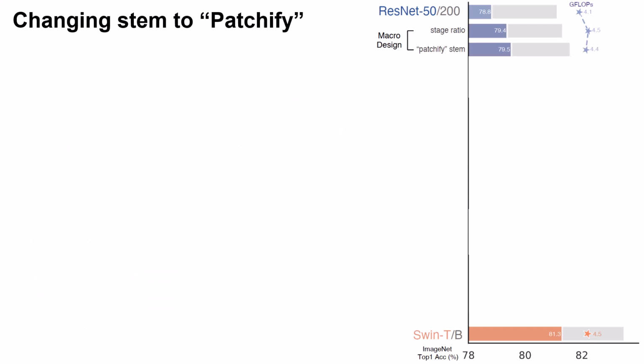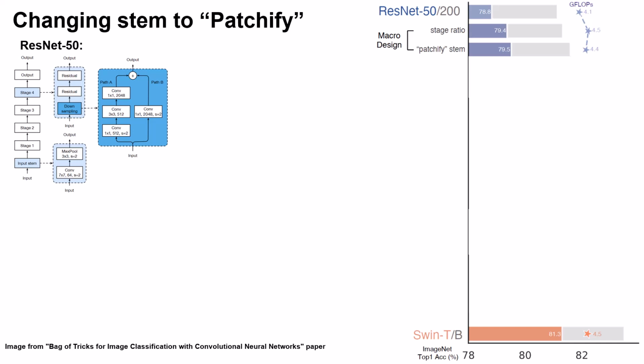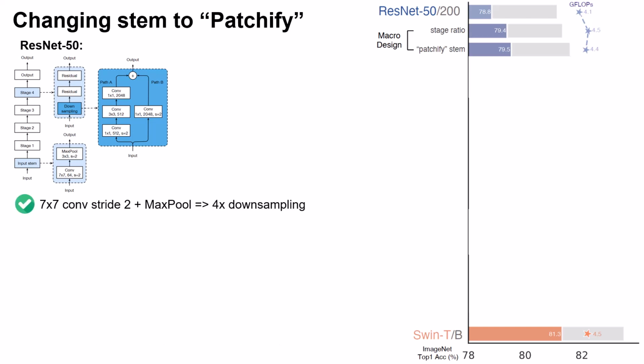The other modification is changing the stem to Patchify. If you look at the ResNeXt-ify architecture, before the stages, we have a block called the input stem, which has a 7x7 convolution with a stride of 2 and a max pooling.